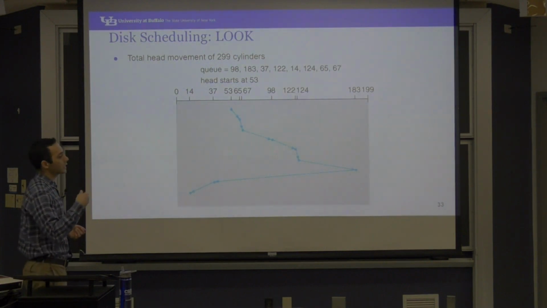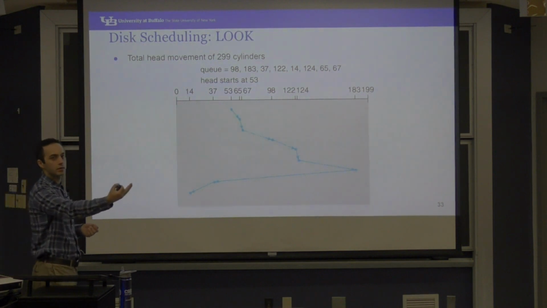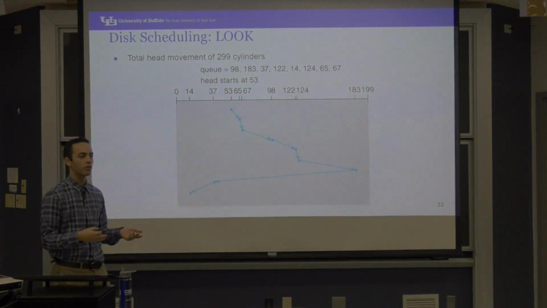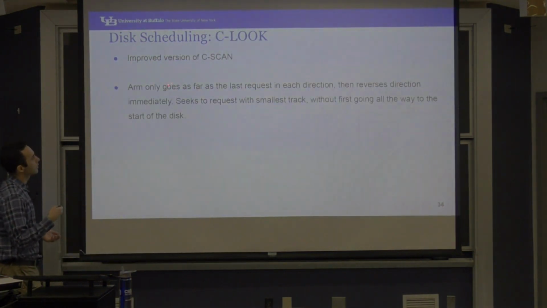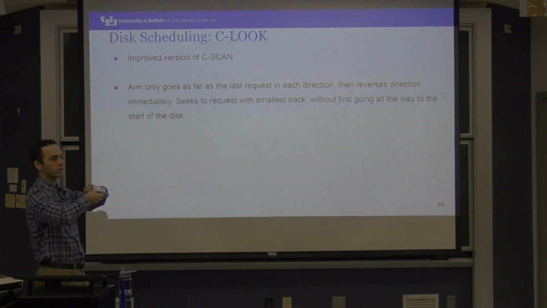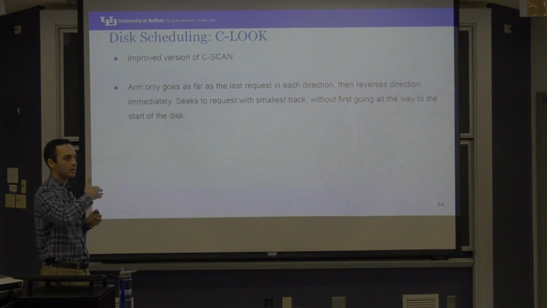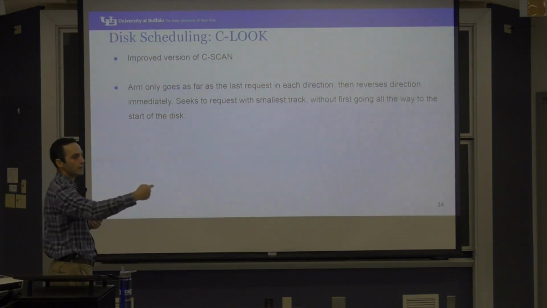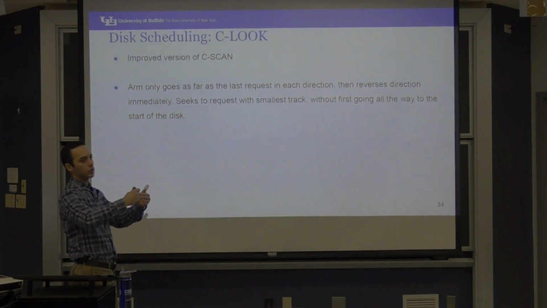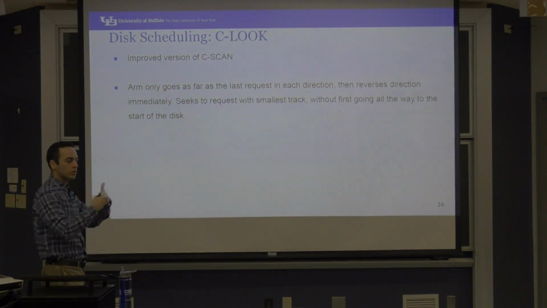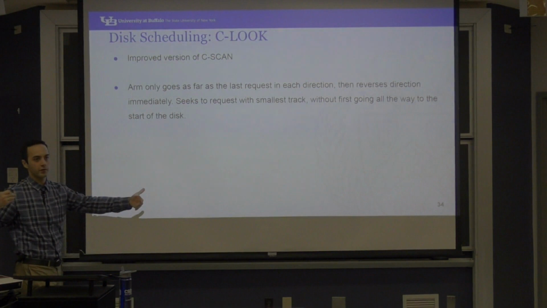Alright? So, as we have scan and C-scan, we have look and C-look, right? That is the same as C-scan, the same improvements that look did to scan. The C-scan was a circular wrapping around the platters, moving from tracks as if the 0 was right after the last one. And the same thing is happening. The look goes all the way to the last request, and instead of going all the way to the 200 and then starting back from 0, it goes to the last request and jumps back all the way to the first request.